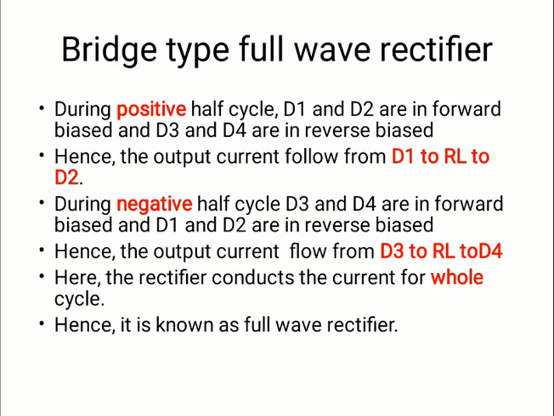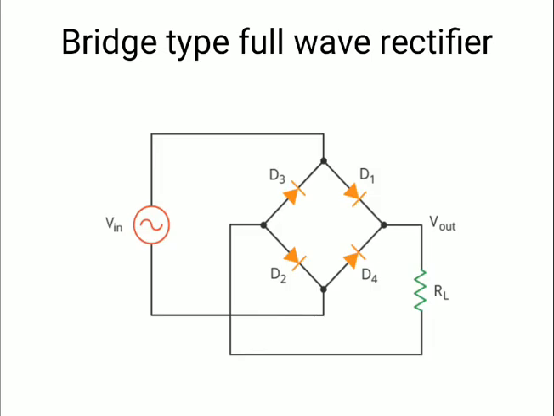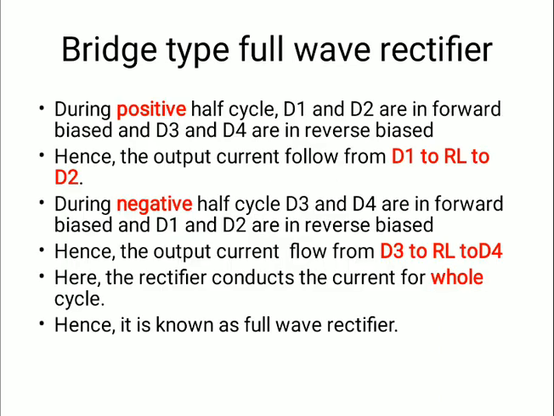During the negative half cycle, D3 and D4 are in forward bias and D1 and D2 are in reverse bias. That is exactly opposite. Hence the current will flow from D3 to RL to D4. Here again the rectifier conducts current for the whole complete cycle, hence it is known as a full wave rectifier.